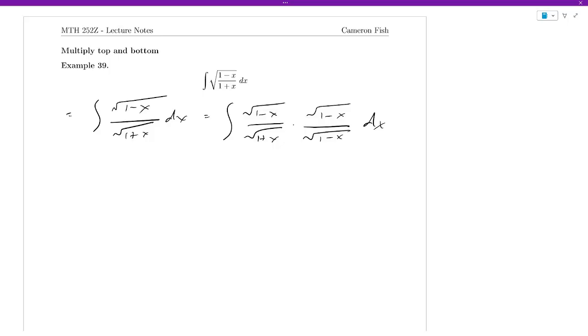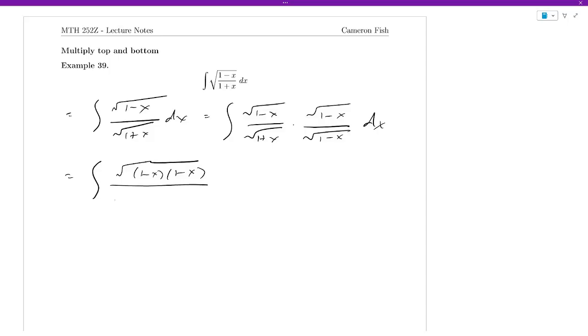And it's sometimes useful when you have a 1 plus x, 1 minus x kind of thing going on, because you will notice that if we look at the denominator here, remember square rooting, on the top I'll have square root of 1 minus x times square root of 1 minus x, so I can square root the first part times square root the second part.